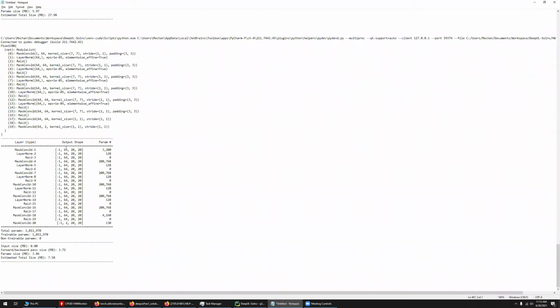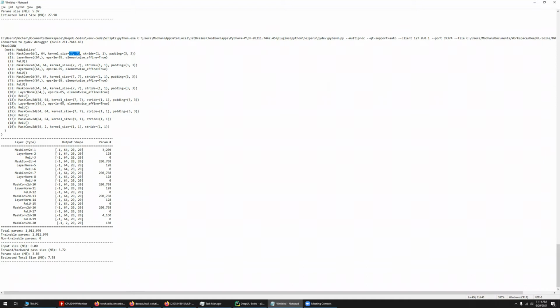So it goes from input and then goes into 20. So 1 by 20 by 20 turns into 64 by 20 by 20. And then there's the layer normalization, ReLU, and then another mask. For each convolution layer, there's a kernel size of 7 by 7.